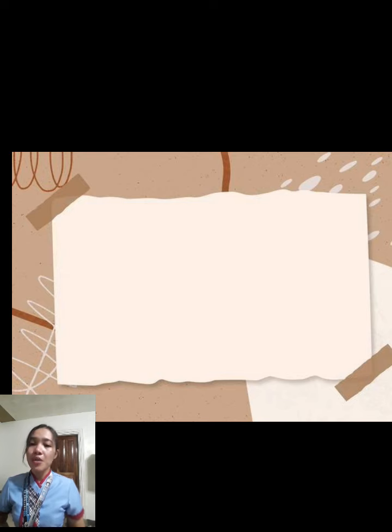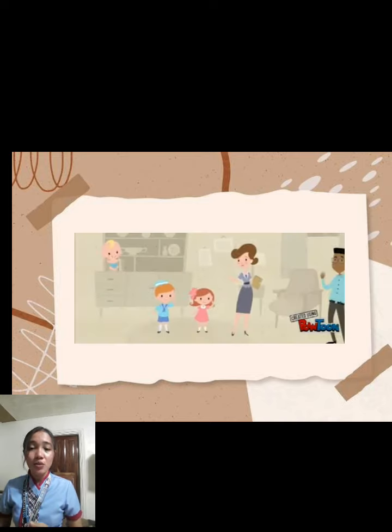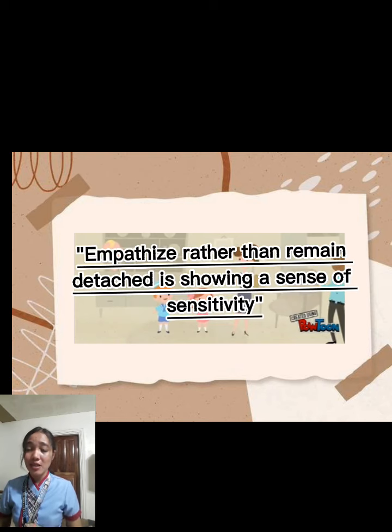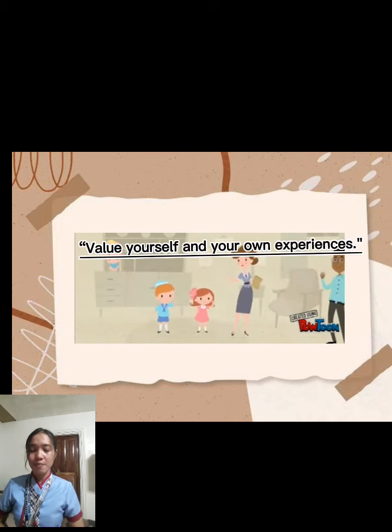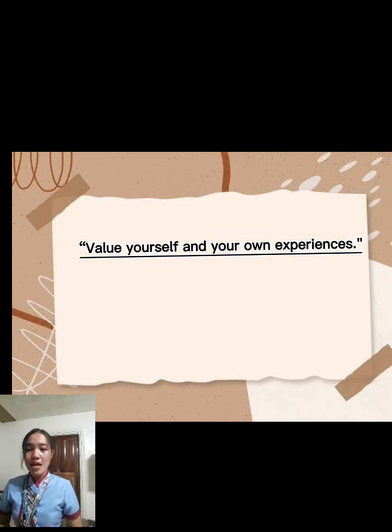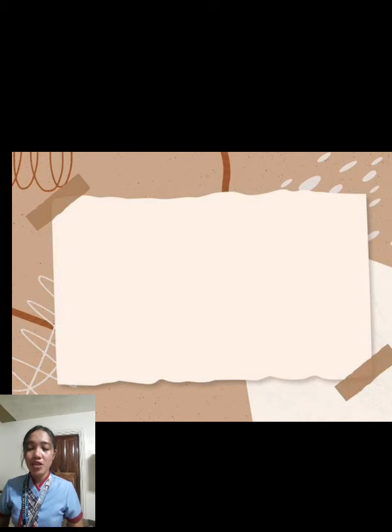For example, the students in the classroom must listen carefully to the teacher's discussion for them to gain information correctly. In this part, the students are showing a sense of sensitivity to their teacher, so as not to offend him or her, because they listen carefully. In short, empathize rather than remain detached is showing a sense of sensitivity.